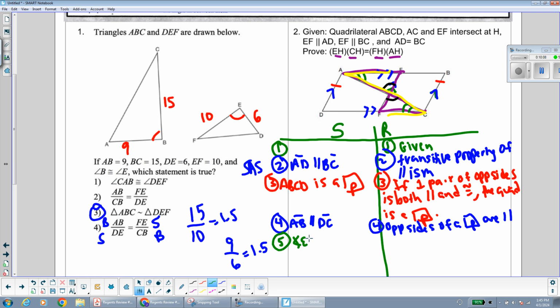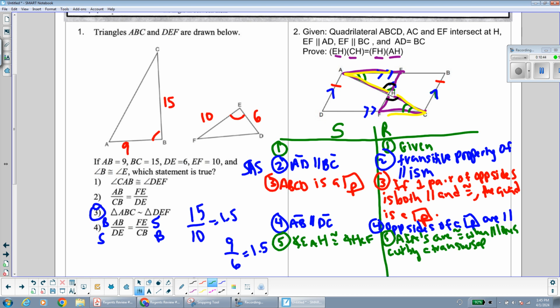So angle EAH is congruent to angle HCF. And I'm going to put here alternate interior angles. This is not a real abbreviation. I'm just doing it here to save space. Are congruent when parallel lines are cut by a transversal.